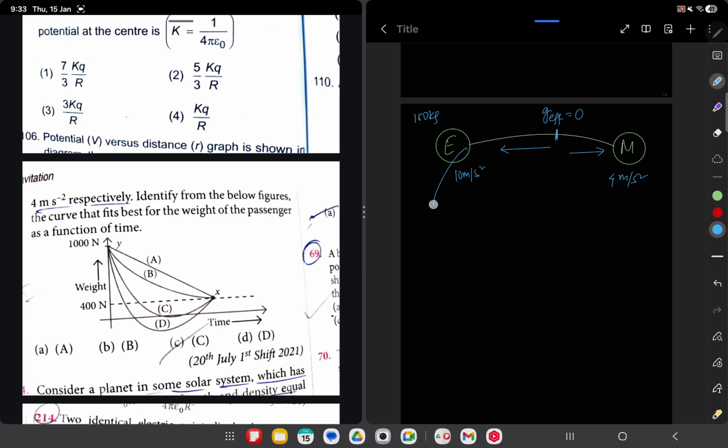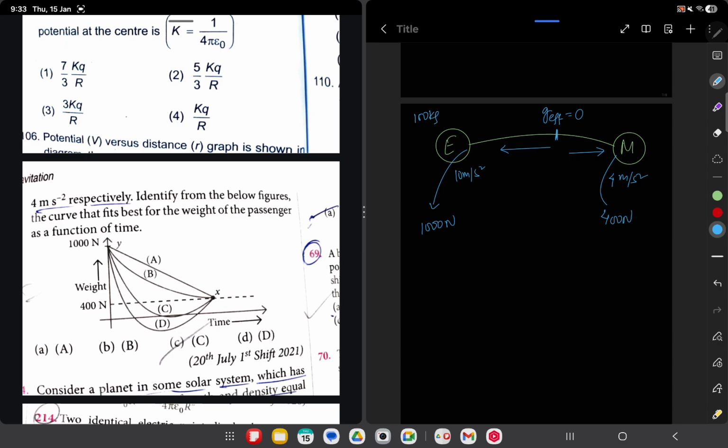You need to show which one is the best fit for the weight of the passenger. So the maximum weight will be how much? 100 into 10, that is 1000 Newton, and on Mars the weight will be 400 Newton. As this is a graph of GMm by r square, and at some point g effective will be 0, among options A, B, D, A is a straight line, which can never happen because it is inversely proportional to 1 by r square.